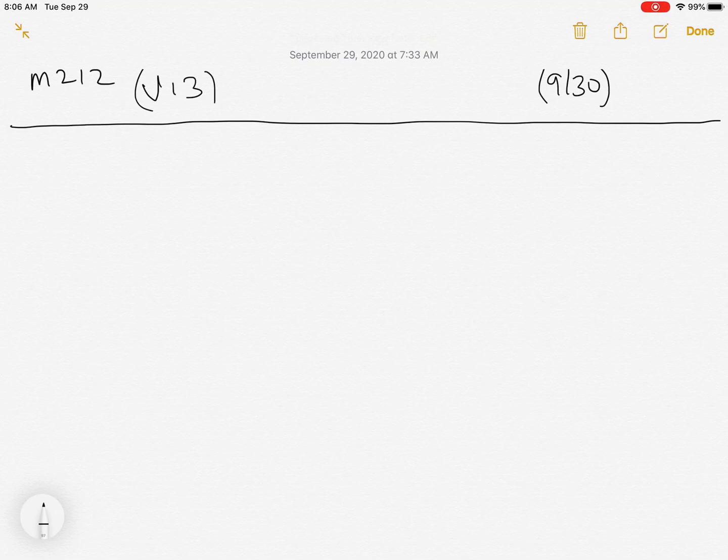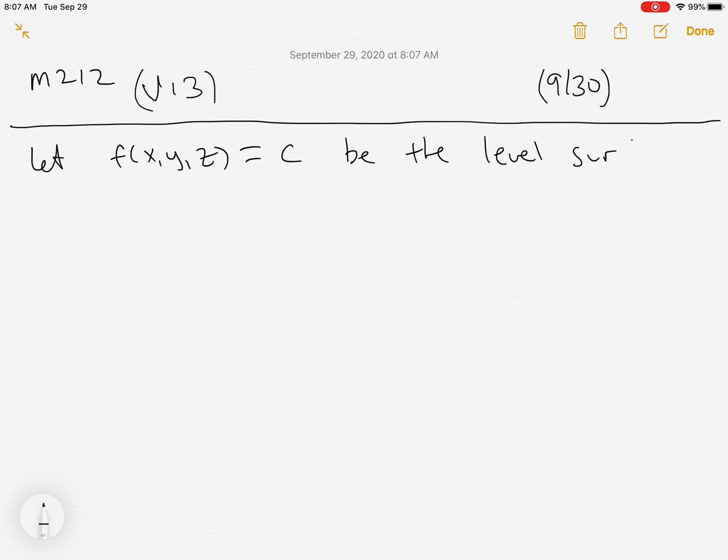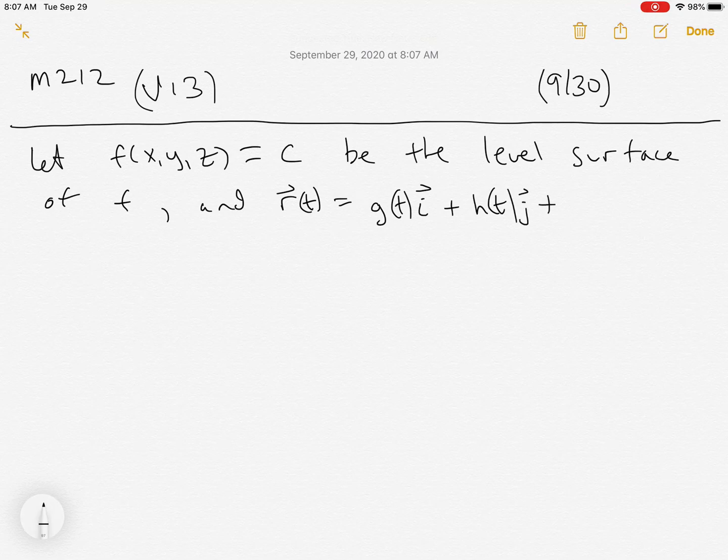So we start off by letting f of x, y, z equals c be the level surface of f, and r of t is some smooth curve on this surface, right?